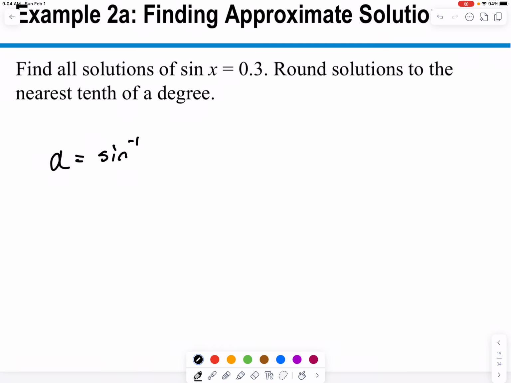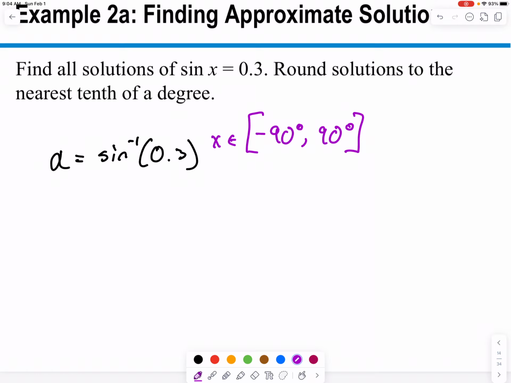Arcsine of 0.3. Let's go ahead and identify our restrictions from a few sections back. If we think about sine, we have to restrict the domain of sine from negative 90 to 90. So if we're doing degrees, negative 90 degrees to 90 degrees, so it can pass the horizontal line test.